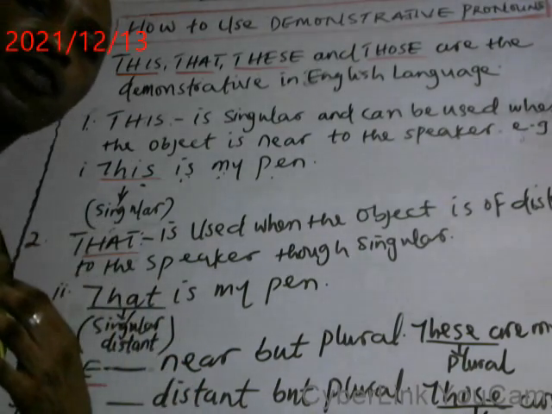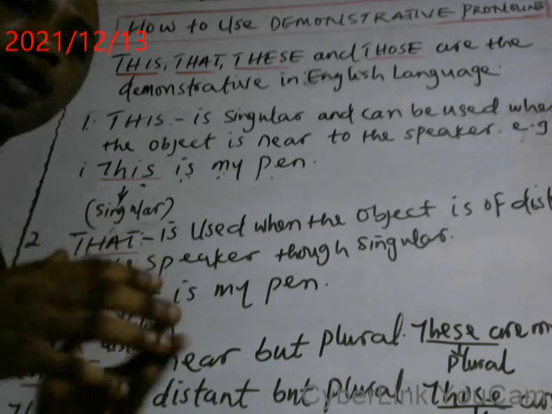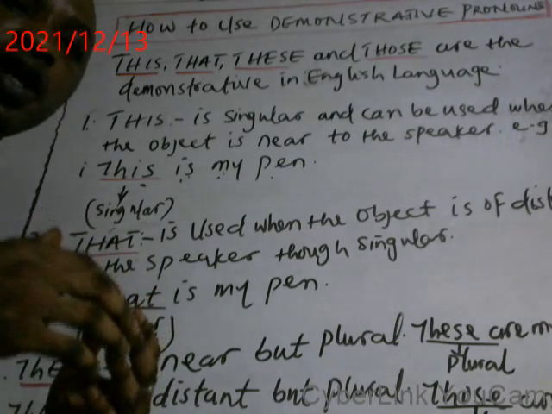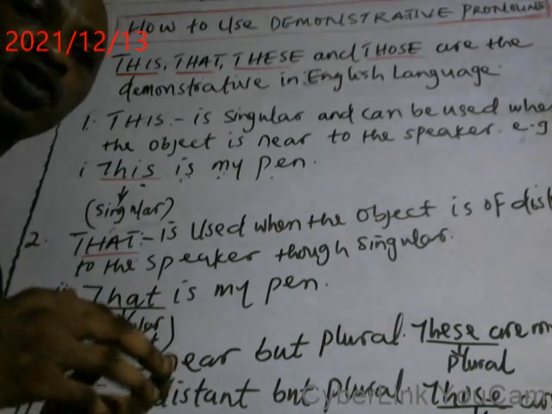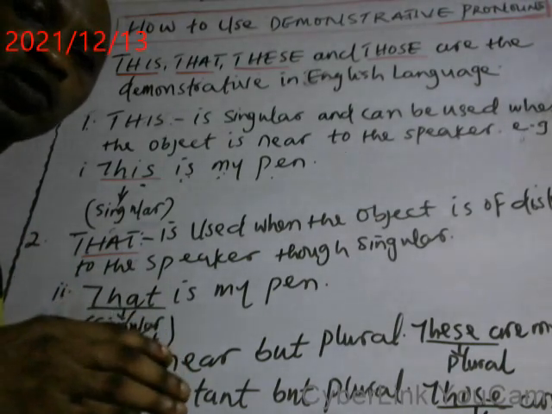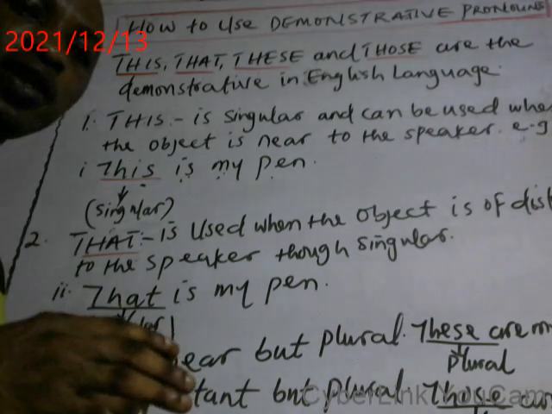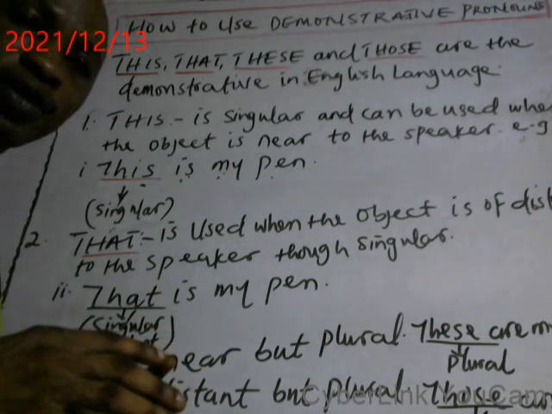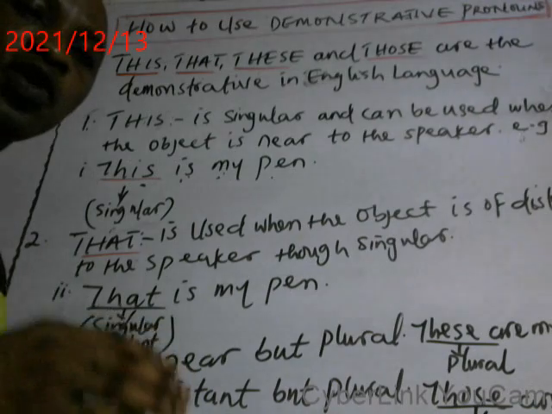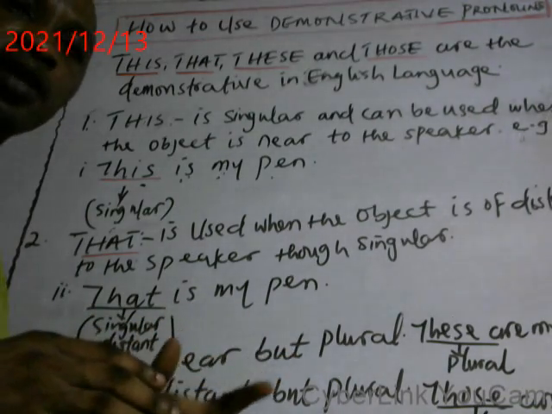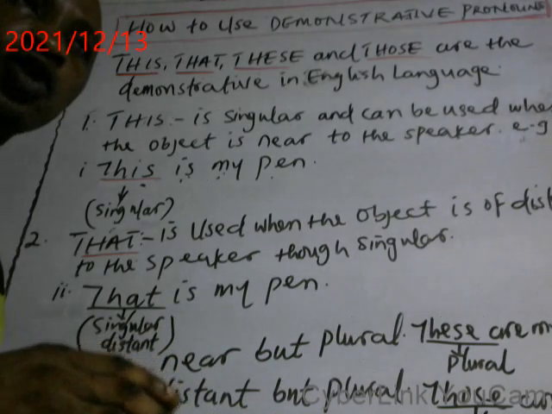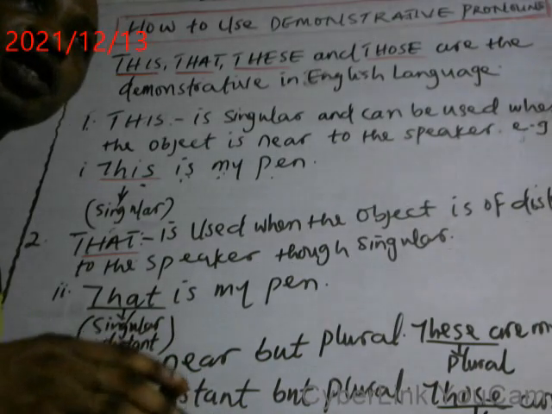When what you have is very close by, very handy, you can easily lay your hands on such an object, and at the same time such an object is singular, use this. That is THIS. But if the object is singular and is at a distance from you, make use of that. THAT.